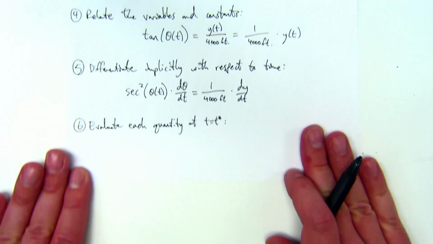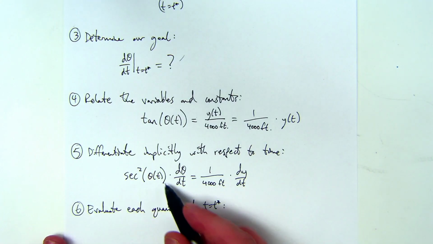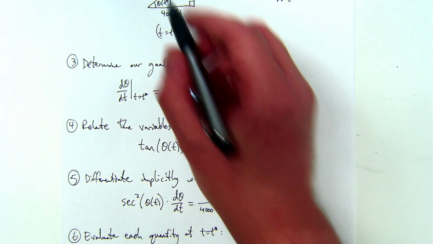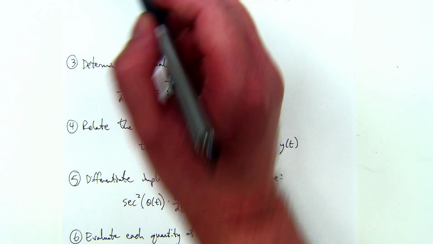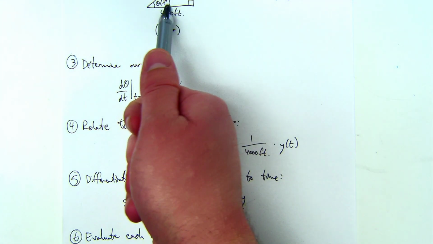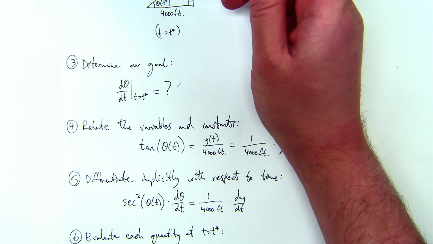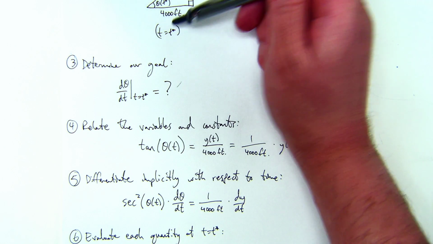Right. We need to know secant squared of theta of t, so we need to know what secant of theta of t is, right? Secant of theta of t would perhaps be hypotenuse over adjacent.